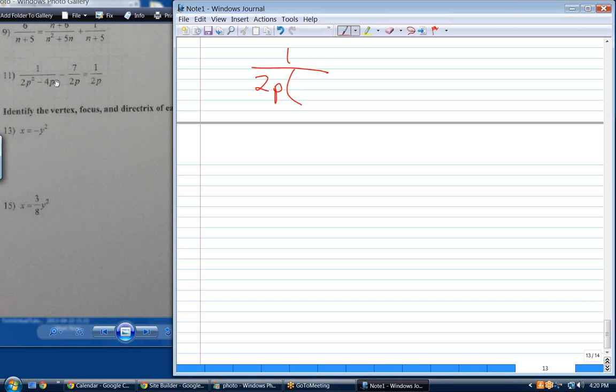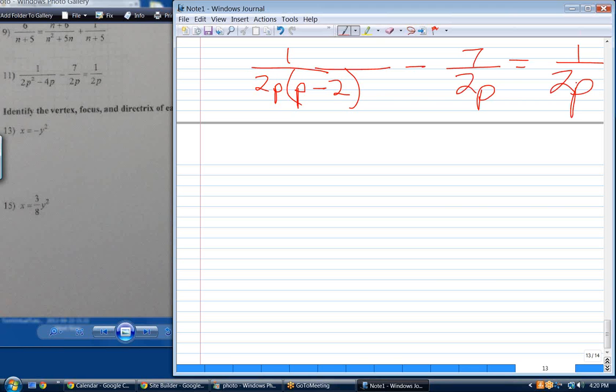When I factor out a 2p, I divide both of these terms by 2p. That's what it means to factor out a 2p. I'm going to divide 2p squared by 2p, and I'm left with p. And when I divide 4p by 2p, I'm left with 2. So that's how I factor. Now I've got minus 7 over 2p equals 1 over 2p.